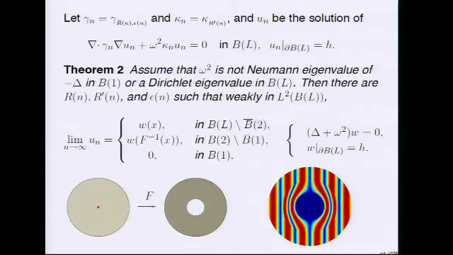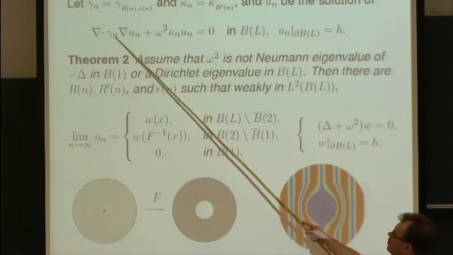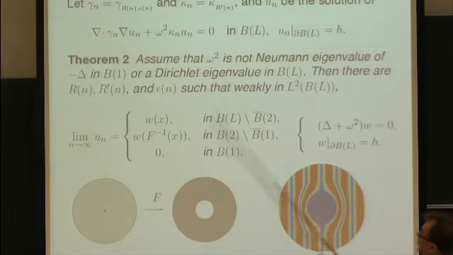So what happens? Let us look at the acoustic equations for these approximate cloaks. So here we now have a rapidly varying isotropic conductivity, and I put some boundary value there.